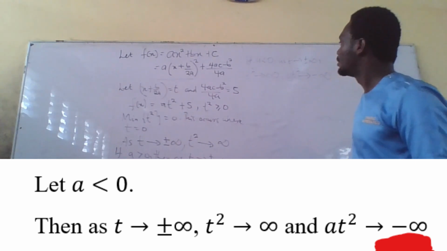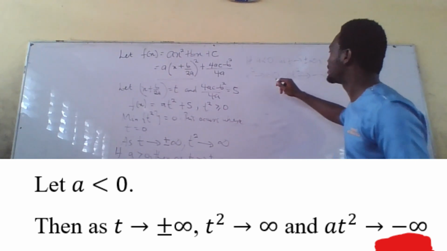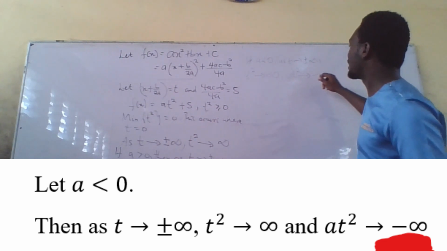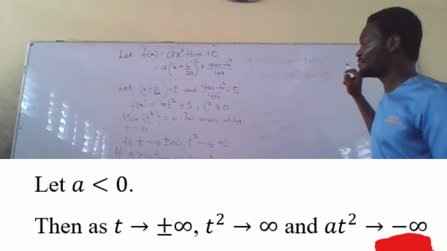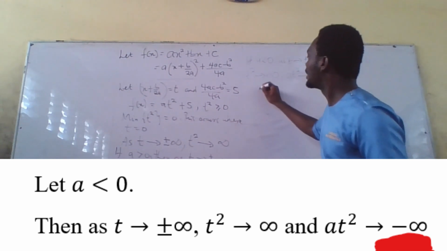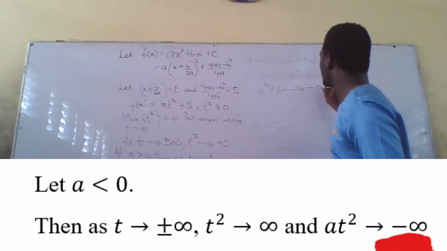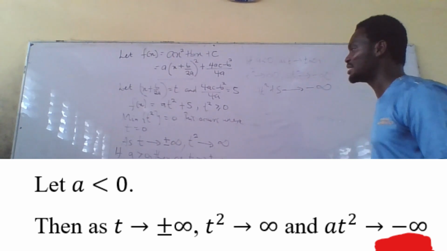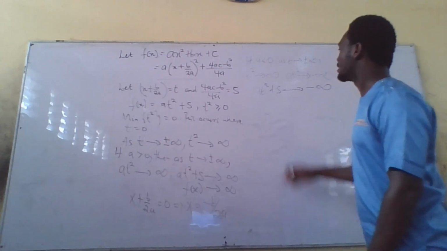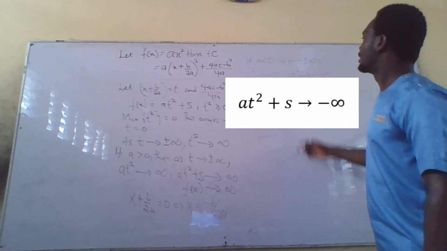So now, as t approaches plus or minus infinity, t squared approaches positive infinity, but a t squared approaches minus infinity. And we have a t squared plus s approaching minus infinity. This is just a constant being added. It is added for all the values, so it doesn't stop this train.